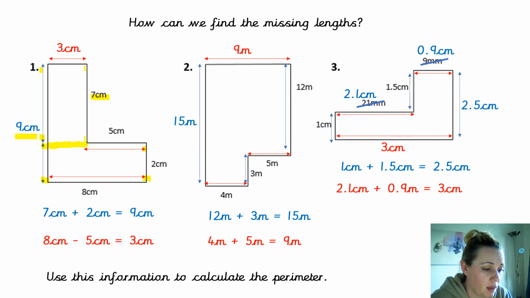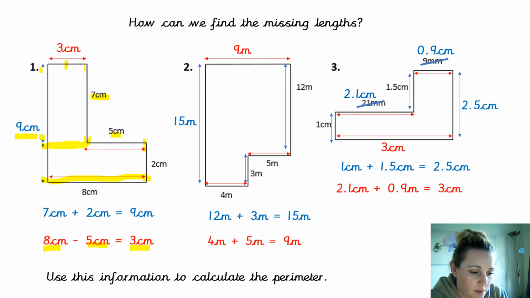Okay? Then on this bit here, we know that this full length is 8, and we know that from here to here is 5. So therefore, if the full thing is 8, take away the 5 that we've got, that means this missing length here must be 3, so the length opposite must also be 3. Okay?